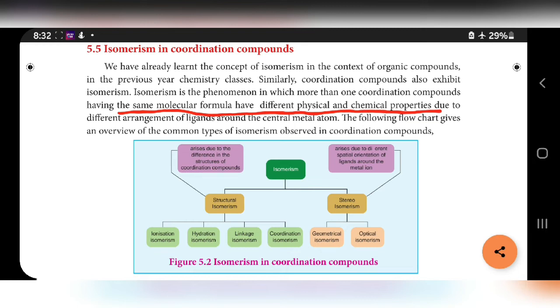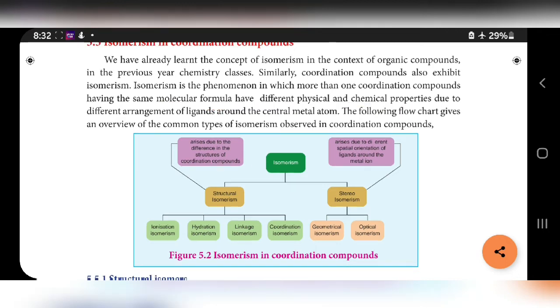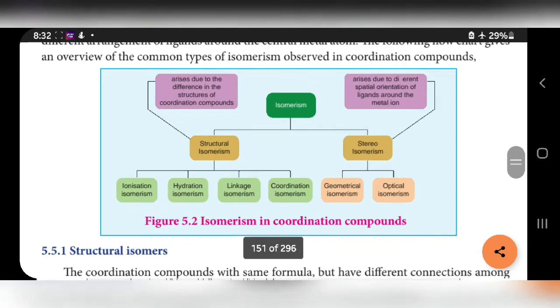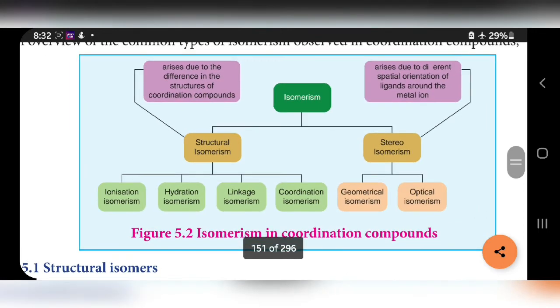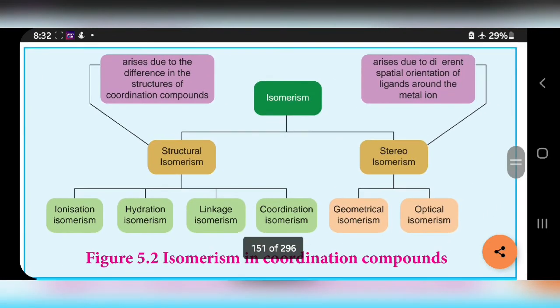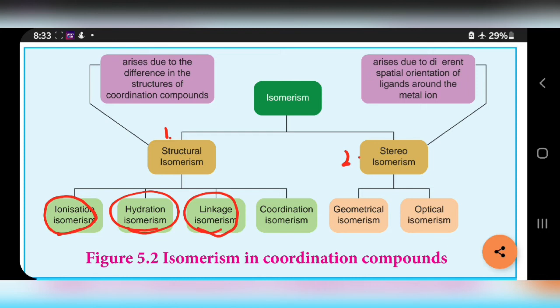The following chart gives an overview of the common types of isomerism. In this box, types of isomerism are given. Generally, isomerism is classified into two: one is structural isomerism, another is stereoisomerism. Structural isomerism is further classified into ionization isomerism, hydration isomerism, linkage isomerism and coordination isomerism.